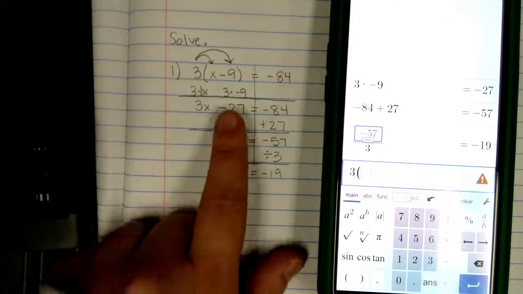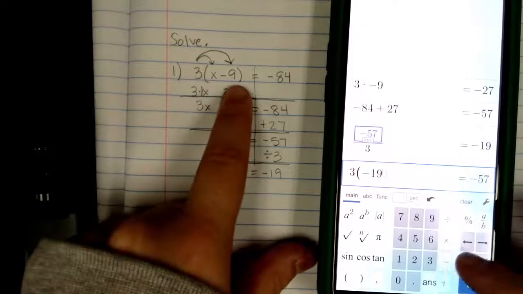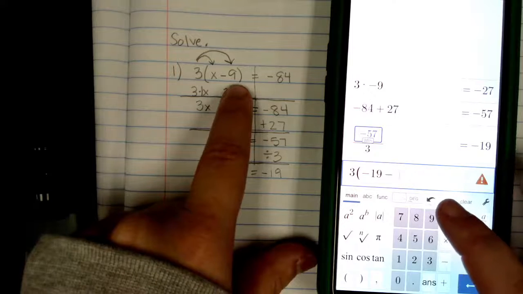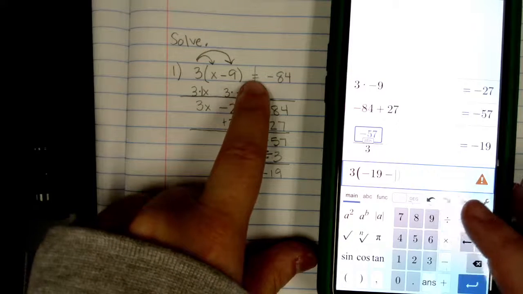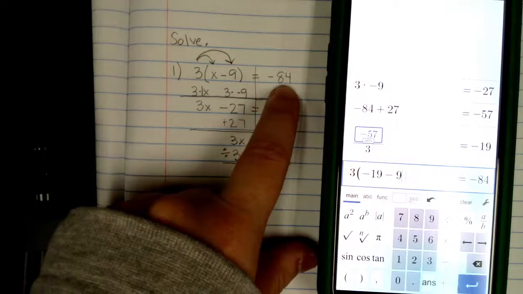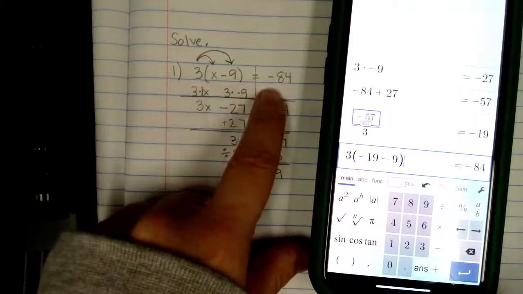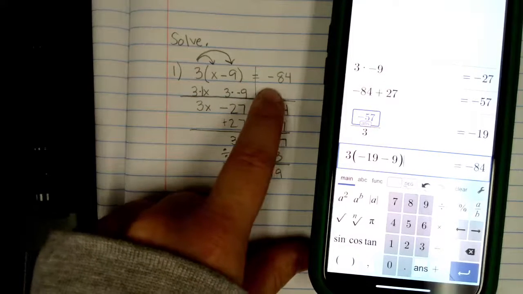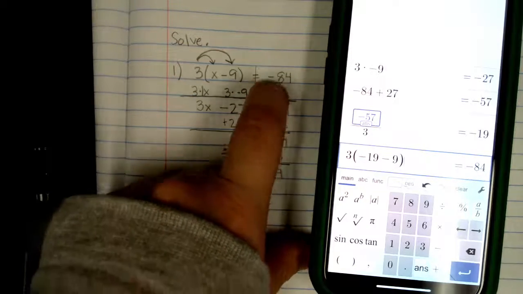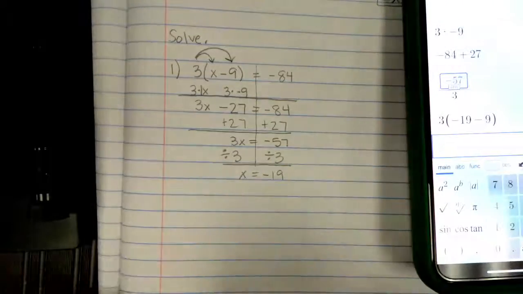What did we decide x is? -19 minus 9. And what do I want my answer to be? I want it to equal negative 84. I just plug it back into that original equation up top, and it equaled negative 84. So I know I'm right. We know we're good. All right, let's go on to the next problem, number 2.